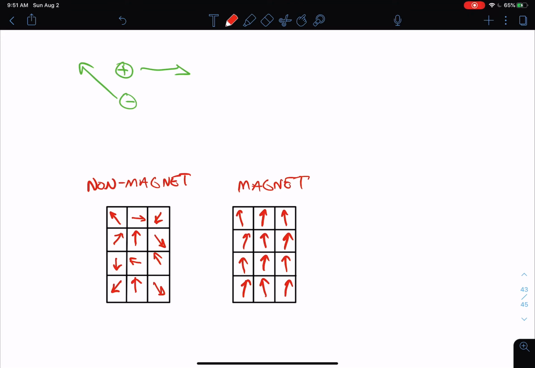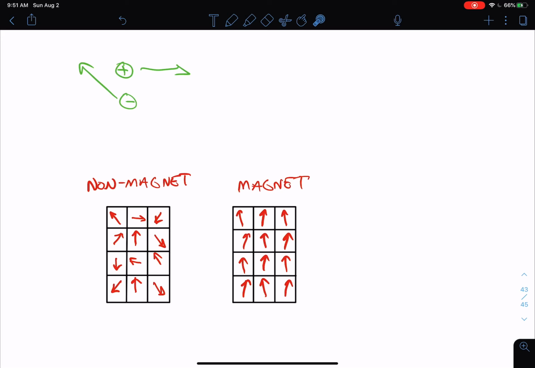This is why there are permanent magnets. Not every material is capable of keeping all these magnetic fields pointing in the same direction. There are various factors that go into that, but in general, we only see this in specific metals, because not even all metals do this. It's only very specific ones that are capable of it.